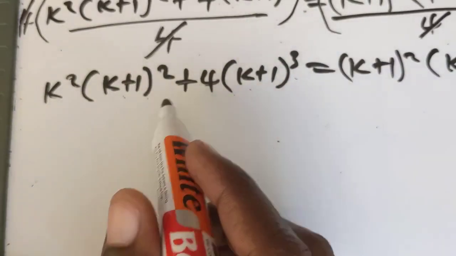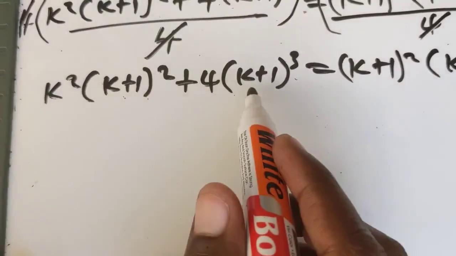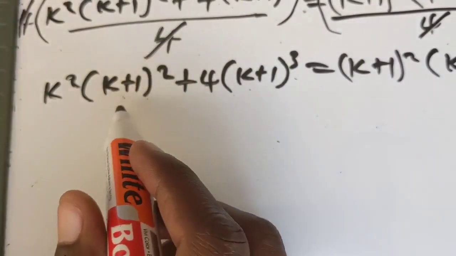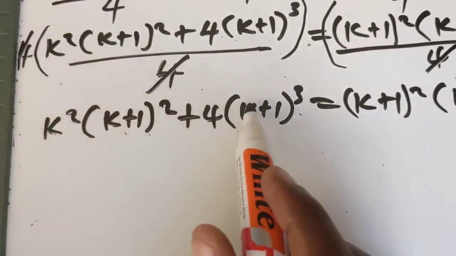What is the common factor here? The common factor is k plus 1 squared, the one that can enter into both without leaving a remainder.